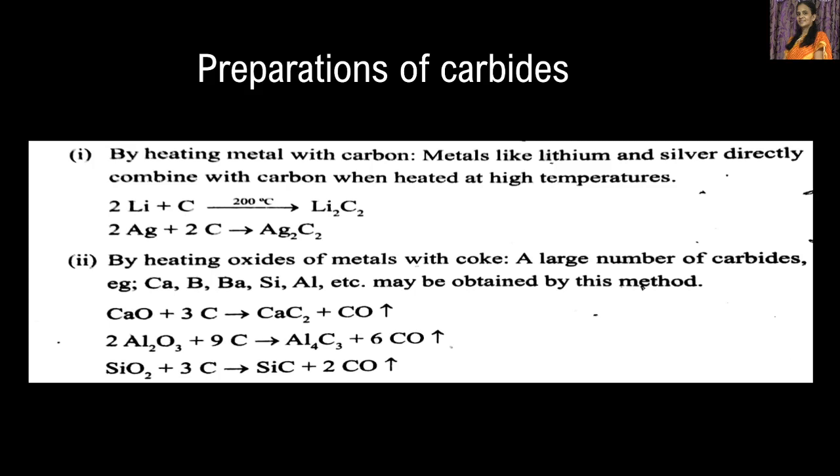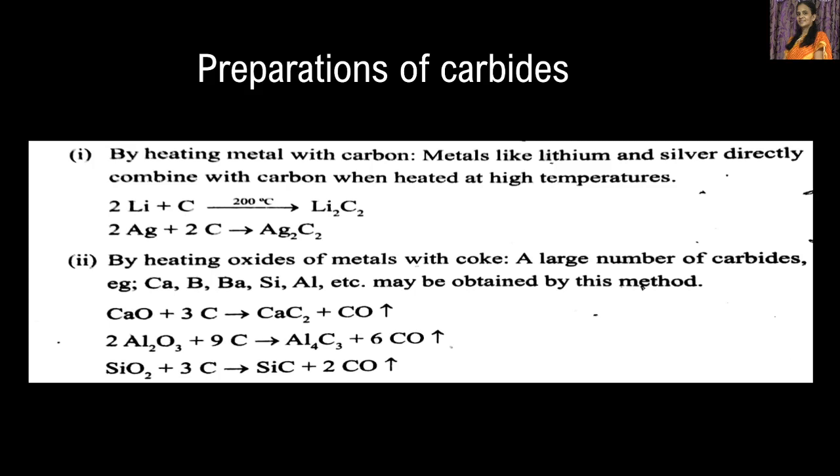A large number of carbides are formed this way, for example from elements like calcium, boron, barium, silicon, and aluminum. The oxides of these elements react with coke to form carbides.